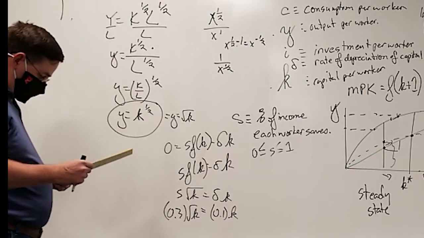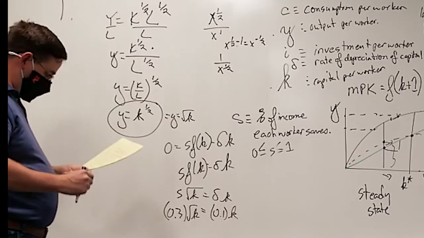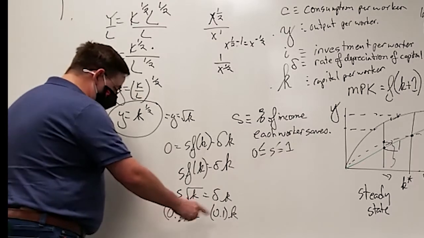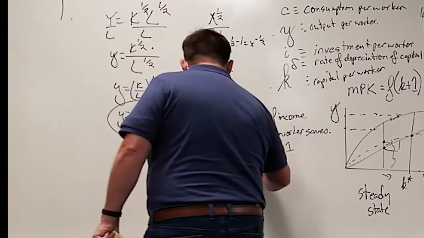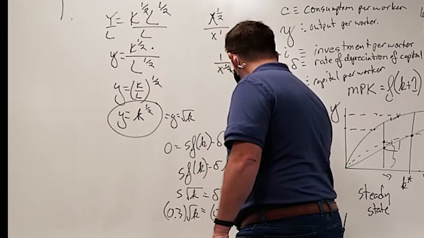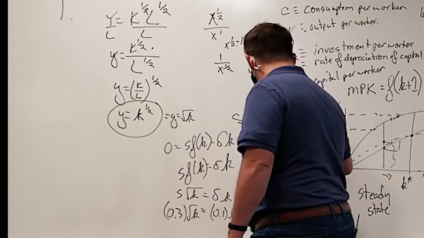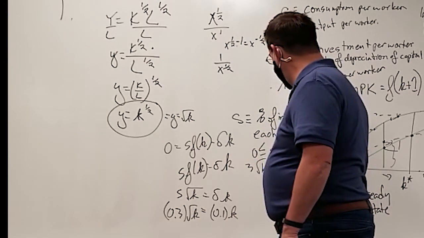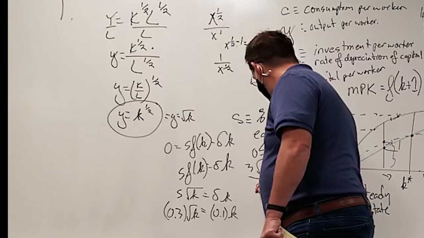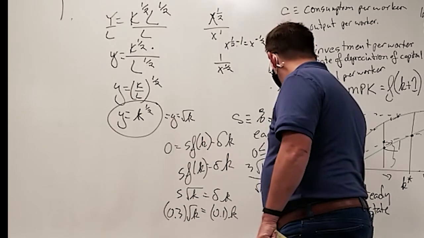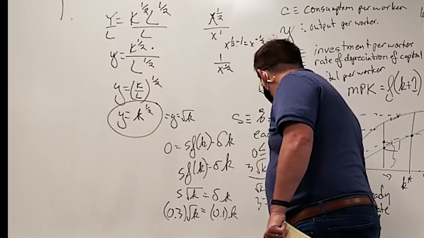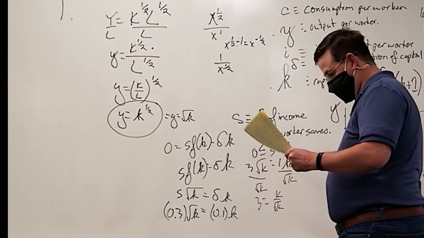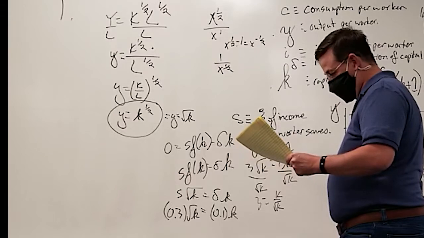Sure I can. I guess you can multiply both sides by 10 to make the math a little easier, and I'm left with 3 square root of K is equal to 1K. If I divide both sides by square root of K, I get 3 equals K over square root of K. Am I doing this right? I feel like I'm doing something wrong.